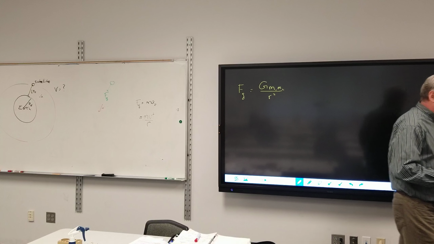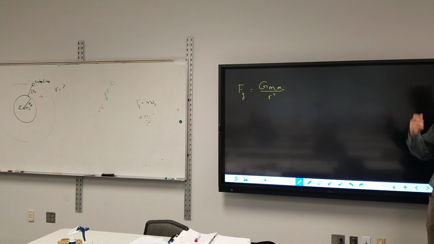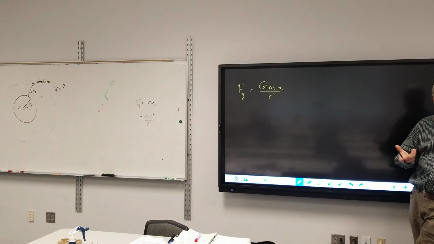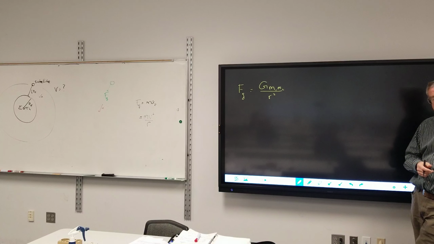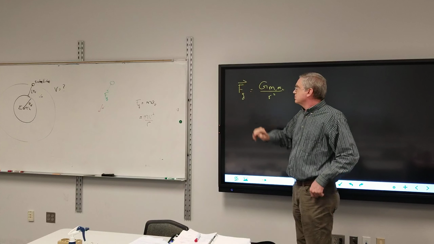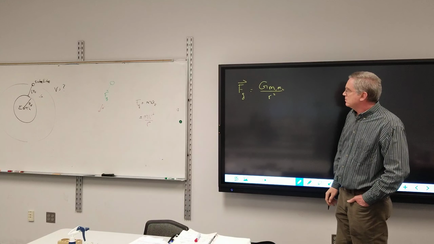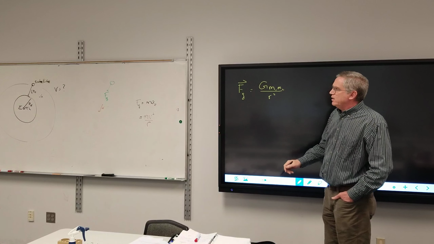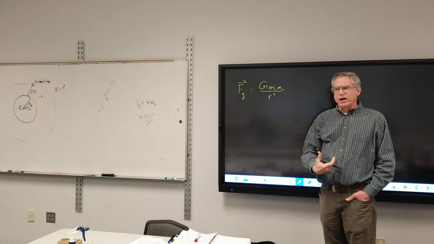Now, this is the equation that we'll use the most, and the direction we'll just think through, but there's a slightly more formal way of writing this, which I will do. It is a vector, so put the vector symbol there. It is always towards the center of the other object.